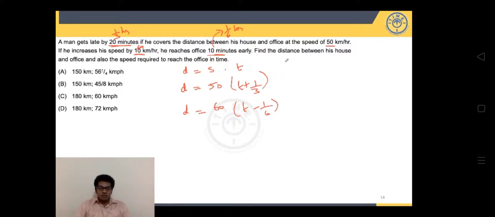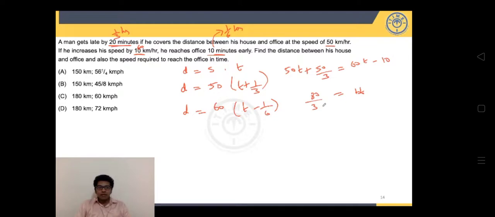If we solve this equation, I will have 50t plus 50 by 3 equals 60t minus 60 by 6. So what is 60 by 6? 10. So here if I replace, I'll have 10t equals 50 by 3 plus 10, which is 80 by 3.